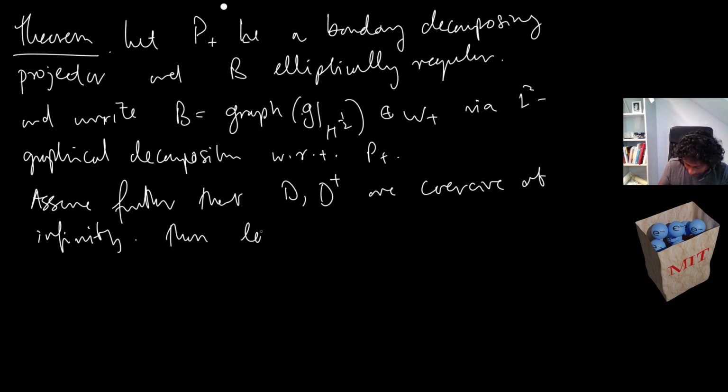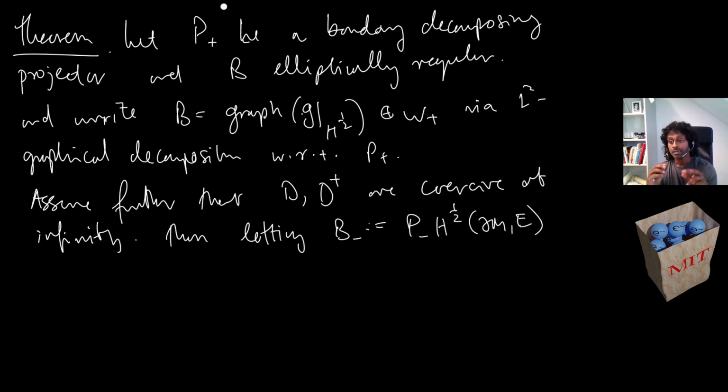Then, letting B minus equal P minus acting on H half of the boundary, this is somehow a generalized APS condition, in the sense that we're just looking at the negative part of the boundary decomposing projector. If P plus was coming from a spectral projector, this would indeed be an APS boundary condition.